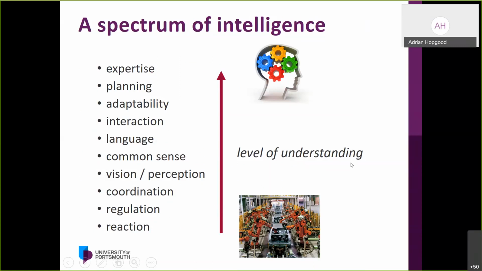At the low end, regulation, reaction, coordination, the sort of thing that robots have been doing for a few decades now. And progressively, with things like convolutional neural networks, we're starting to see progress in the middle, in terms of common sense, perception, vision, language, and so forth.